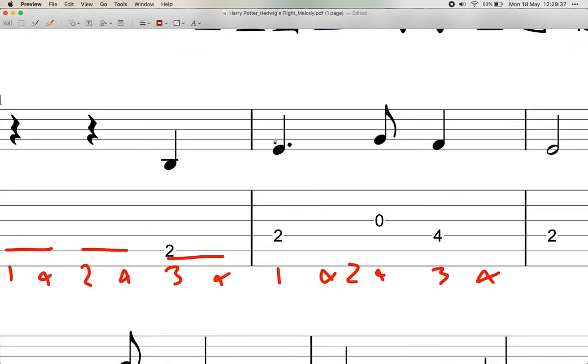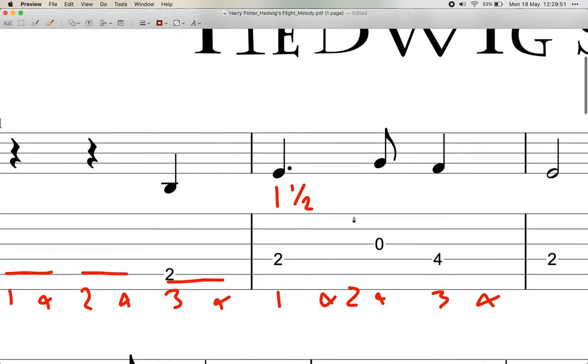Now, this note here, if it didn't have the dot next to it, it would be the same as this, wouldn't it? It would just go for 1 beat. But because it does have the dot, it lasts for 1.5. Now, how many halves are in 1.5? Easy. We just times it by 2, and we get 3.